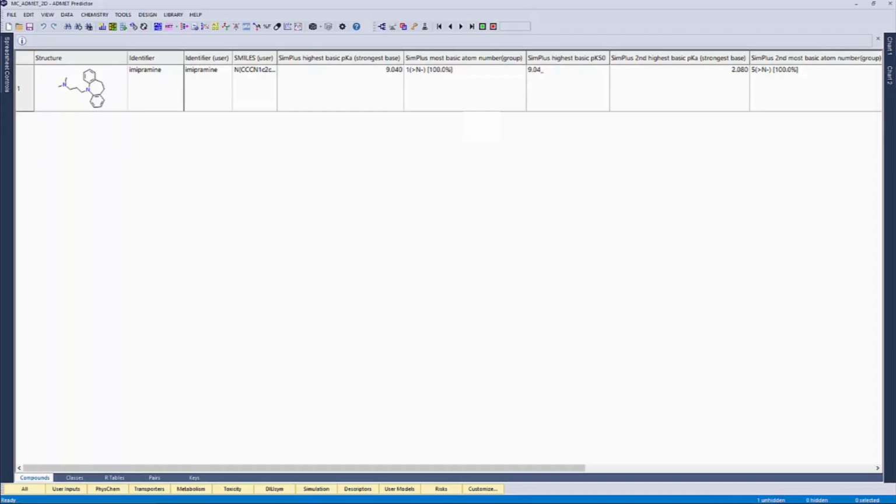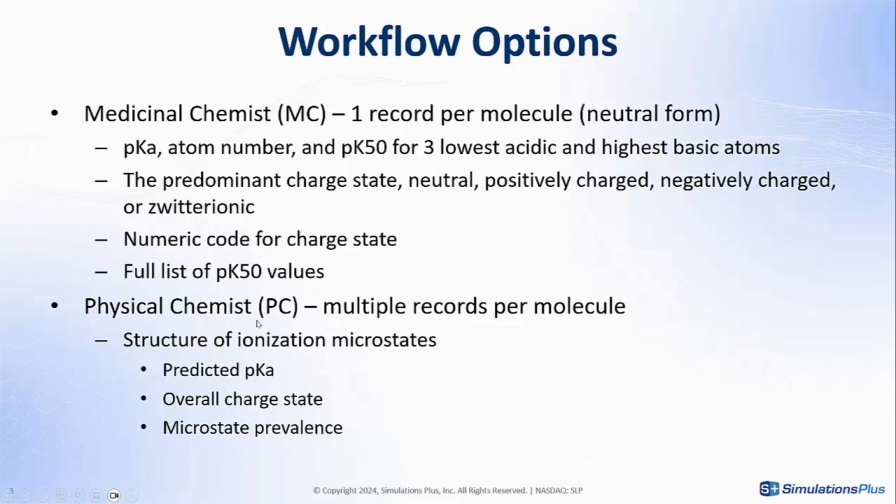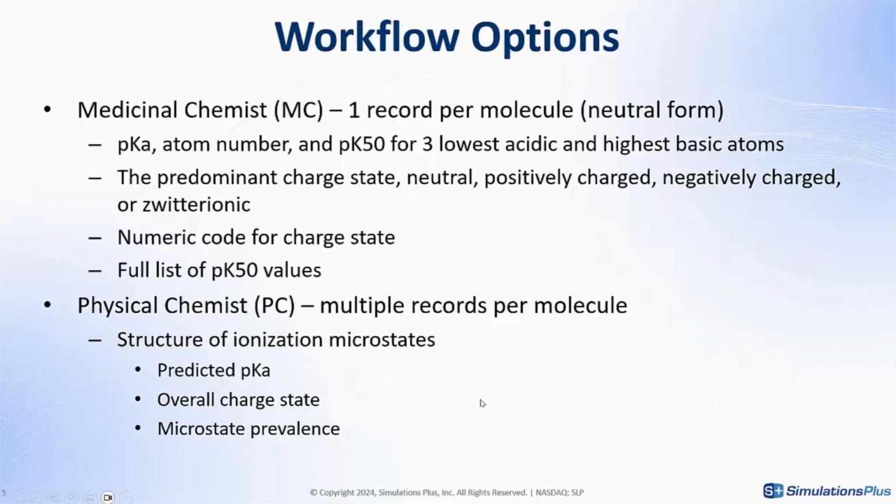Okay, so now let's switch back and see what the next option is for the workflows. And this is the physical chemist. So here we have multiple records per molecule, and each record is the structure of the ionizable macrostates along with their predicted pKa, the overall charge state, and the microstate prevalence of that.